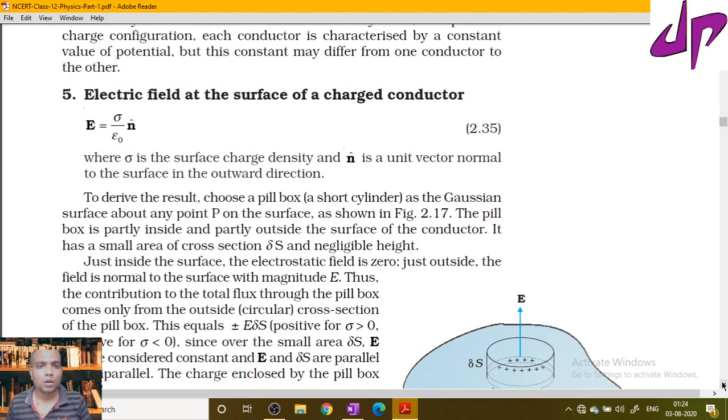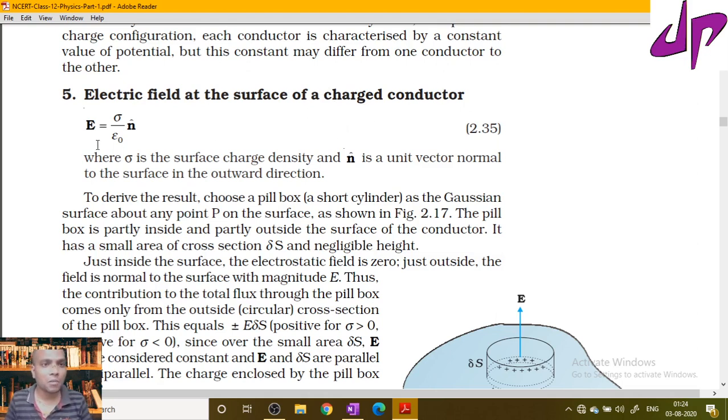Now let's see another property of electrostatic conductors: the electric field at the surface of a charged conductor.